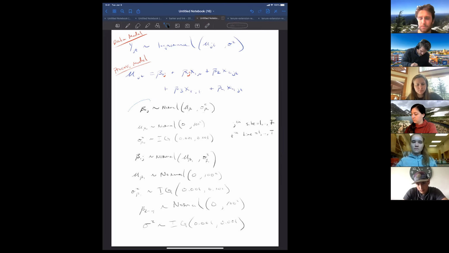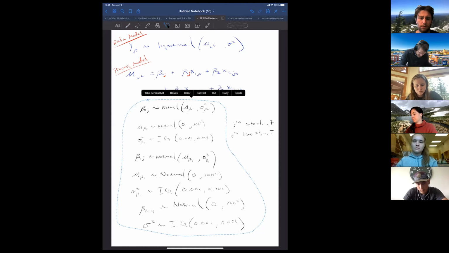I'm going to reorganize the way I wrote these, following the Berliner method of doing data model, process model, and prior model. So I'll keep all the process stuff together.